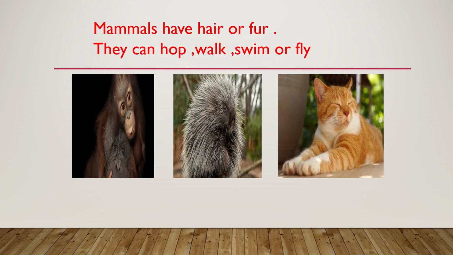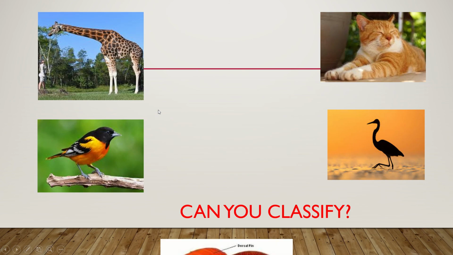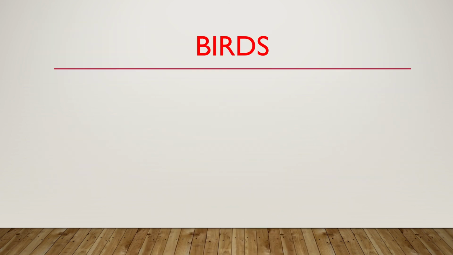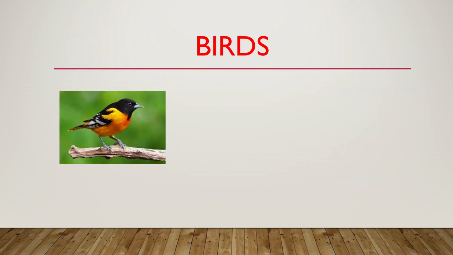Okay, and what about the second group? The second group is called birds. What about the birds? Look at this bird. Tell me about the description or the structures of this bird.